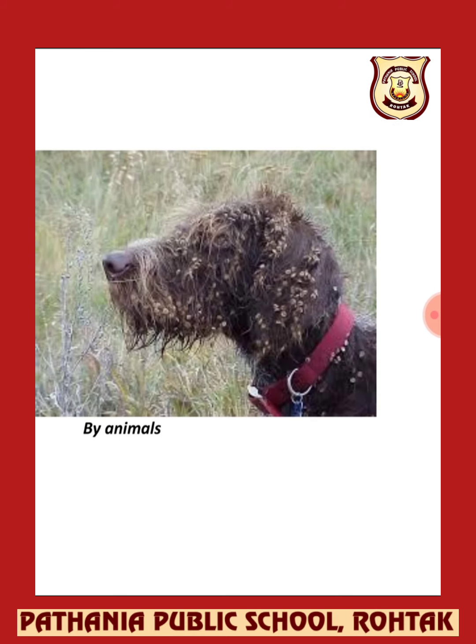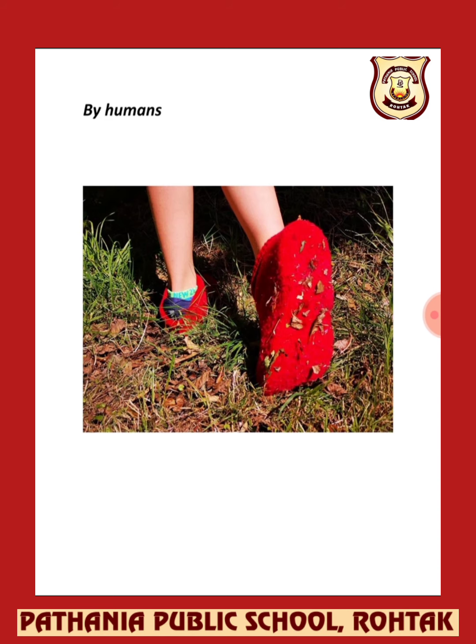And I'll show you one more animal. By animals, you can see in the figure how these seeds are attached to the animal fur, and wherever this dog goes and rubs its skin, definitely the seeds will fall down, and that's how the seeds will travel. With humans also, they attach to our slippers or our clothes, like sweaters, and travel the distance from one place to another.